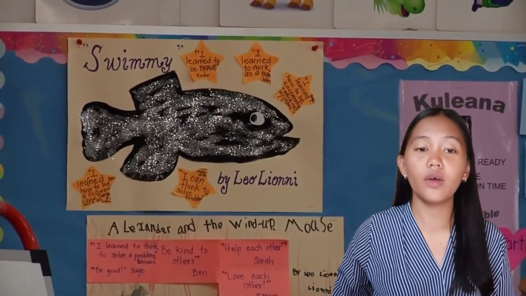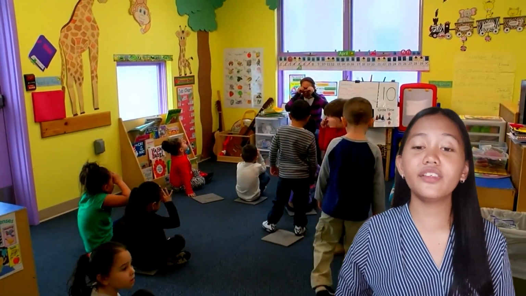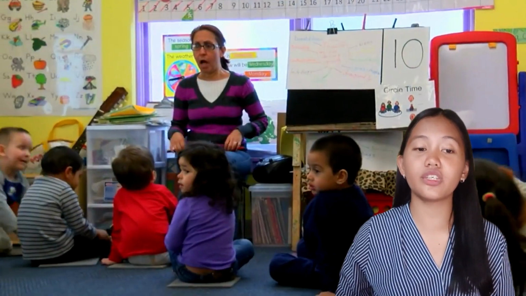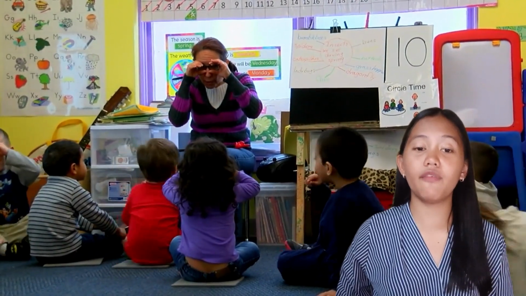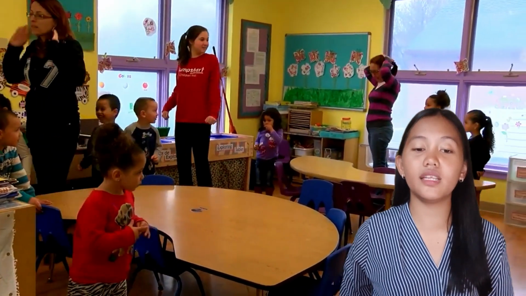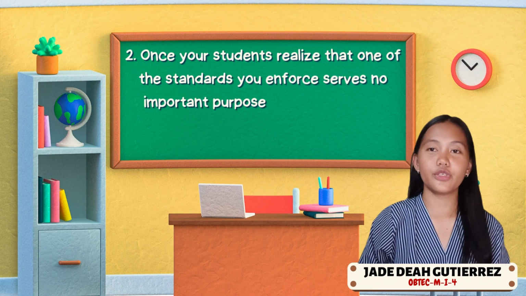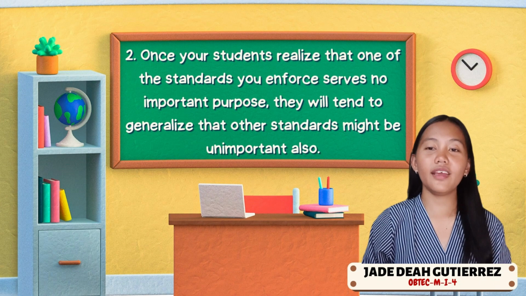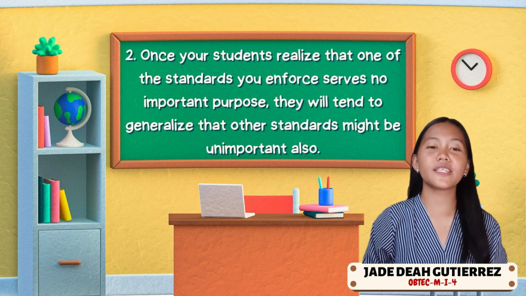By doing so, you may be promoting a culture of blind obedience rather than critical thinking and questioning of authority. This can be detrimental to the development of students' ability to analyze and evaluate the validity of rules and regulations.